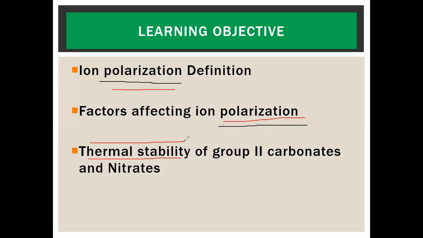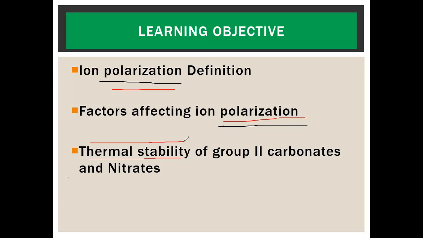Second thing, you are very much familiar that different compounds have different thermal stability. Am I right? In your ordinary level, you have learned that the more reactive the metal, the more thermally stable its compound will be. And they need a different temperature to decompose.